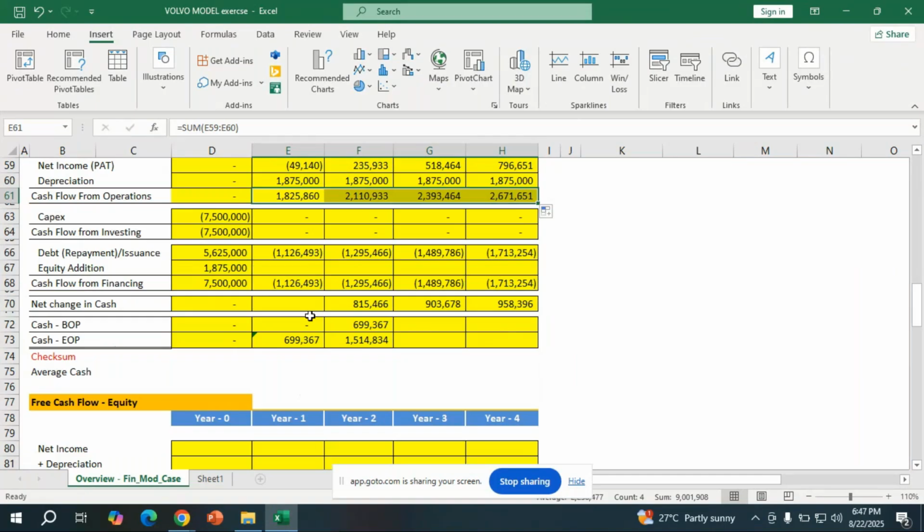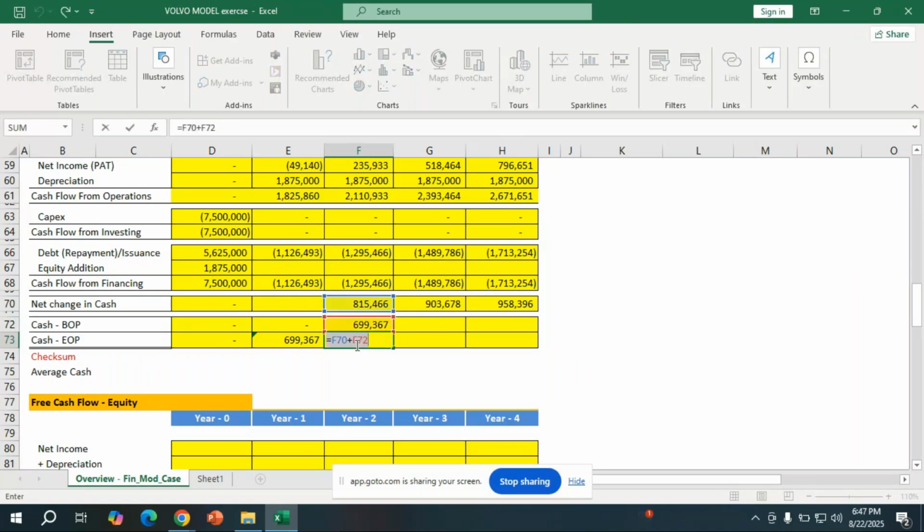So here we have end of the period, we have cash. I told you end of the period becomes the opening period balance of cash. Then opening balance plus net change in cash is your closing balance. Now again, end of the period of year 2 becomes opening balance of the next year.